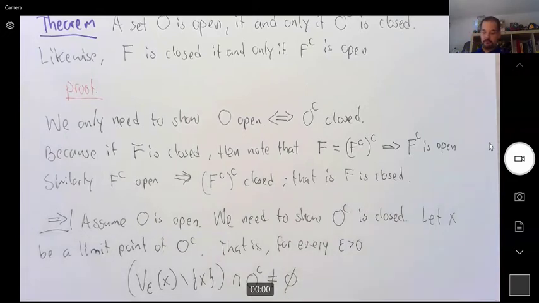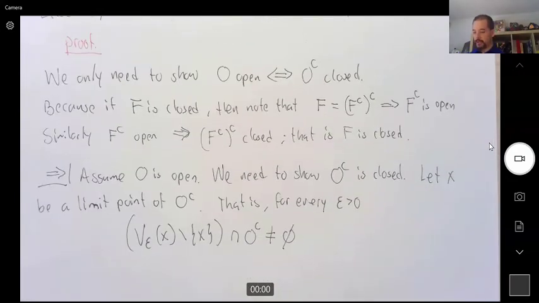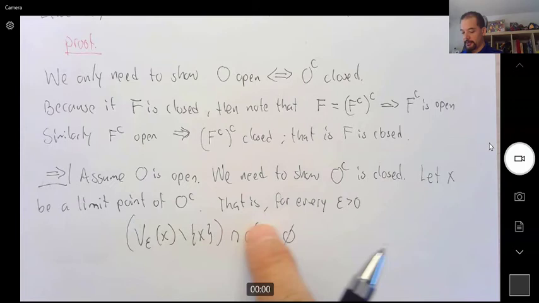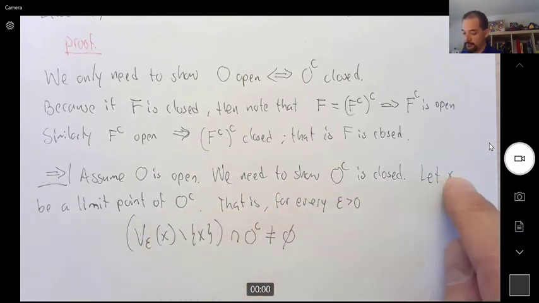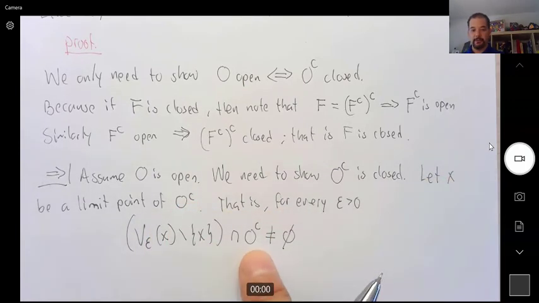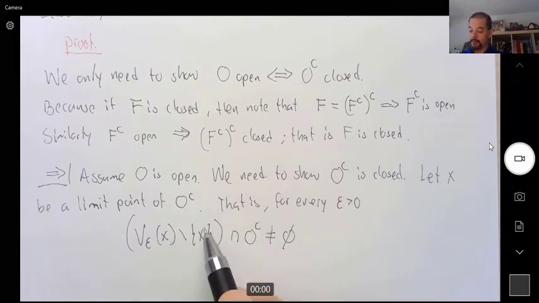That's the definition, right? It means that if you pick an epsilon neighborhood, that intersects O complement in a point that is not X. Okay.